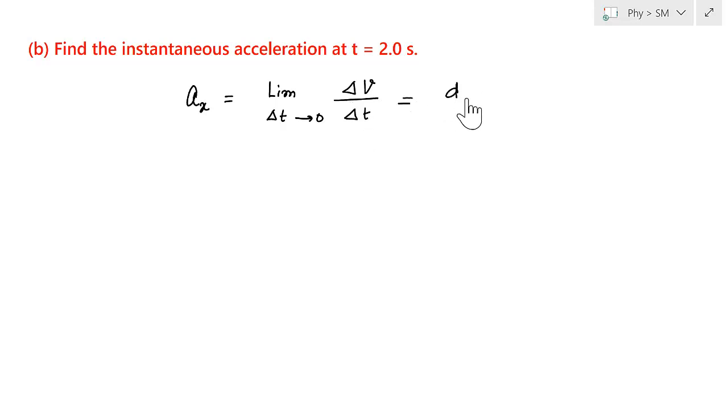And this can simply be written as dv by dt, and if I am calculating in the x direction, I can write dvx by dt, that will give me the instantaneous acceleration in the x direction.